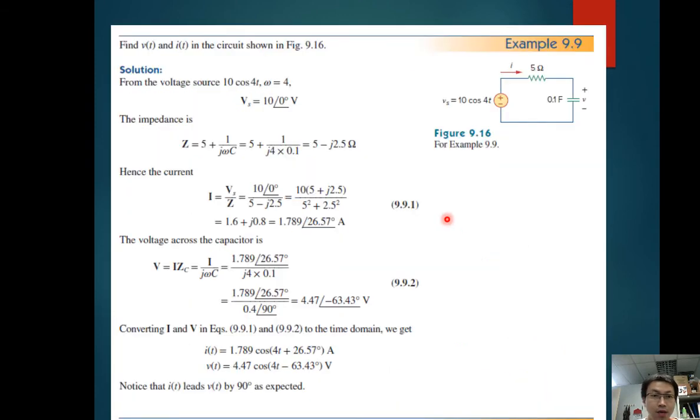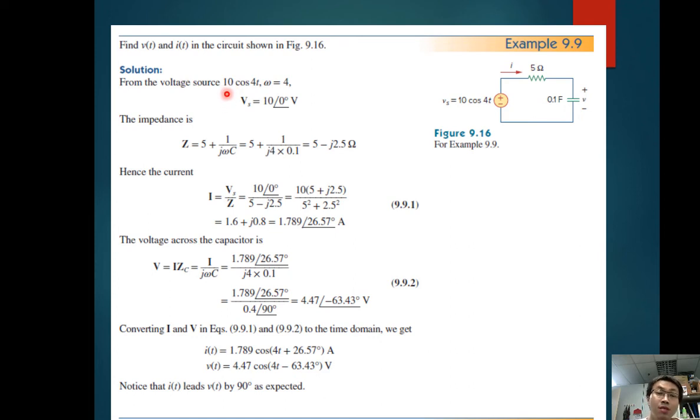So let's have a look at a simple circuit. For example, this is a circuit connected to a resistor and capacitor with the source 10 cos 4t. Now we need to find v(t) and i(t) in the circuit. I want to find v(t) here. I also want to find i(t) here. So what I need to do is convert the voltage source to polar form first.